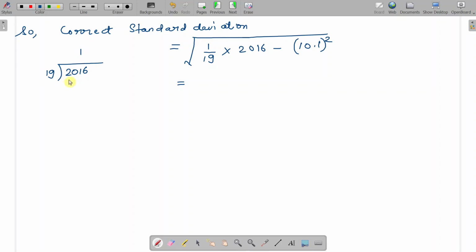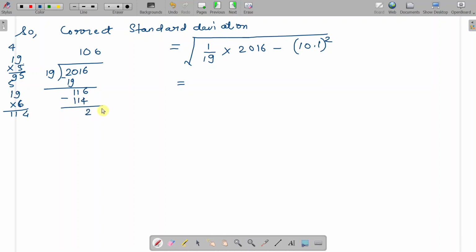So 19 ones are 19, 1 remains. Okay, so 1 borrowed here. So 11 is smaller than 19, so 0, right? Then we can take this 16 down here. So 19 5s are, let us see, 5 9s are 45, so it is 95. So 19 6s are, let us see, 9 6s are 54, plus 11, so 19 6s are 114.